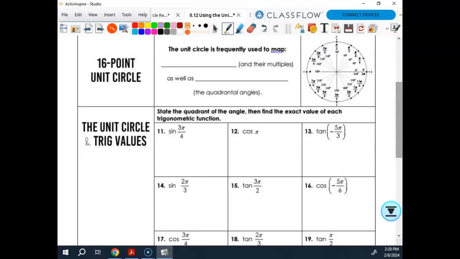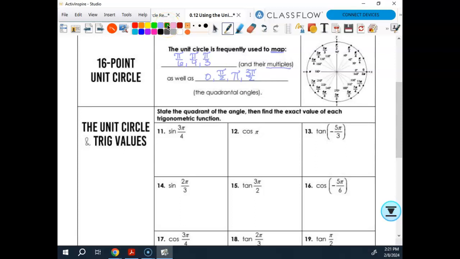So it's frequently used to map pi sixths, pi fourths, and pi thirds, and their multiples, like 2 pi thirds, 5 pi sixths, and so on, as well as the quadrantals, which would be 0, pi halves, pi, 3 pi halves, and so forth. So we're mapping those onto ordered pairs, which give us our sine and cosine values. That's just what that vocabulary is there.